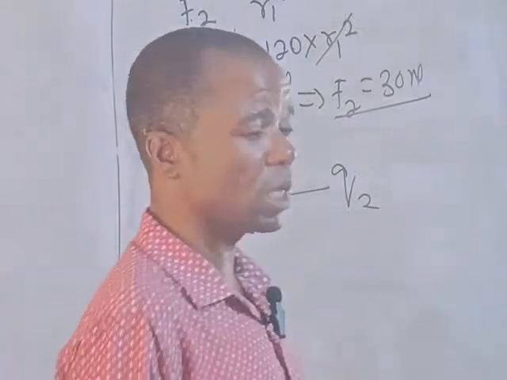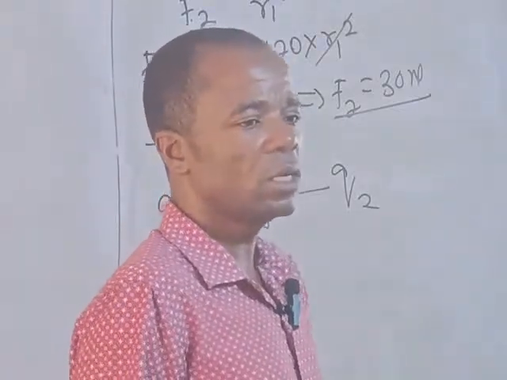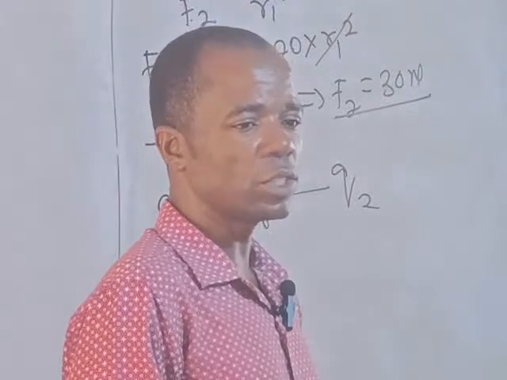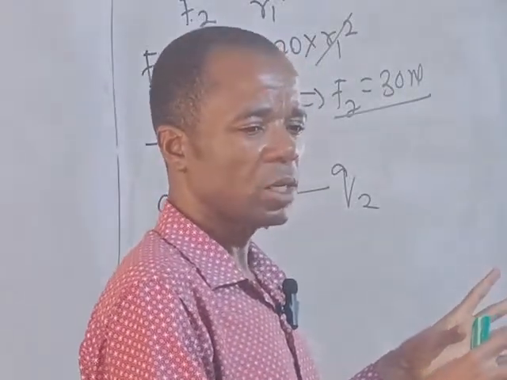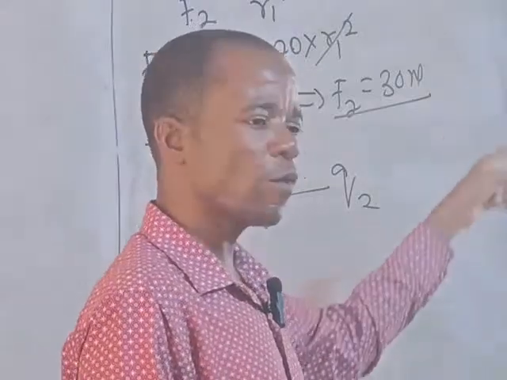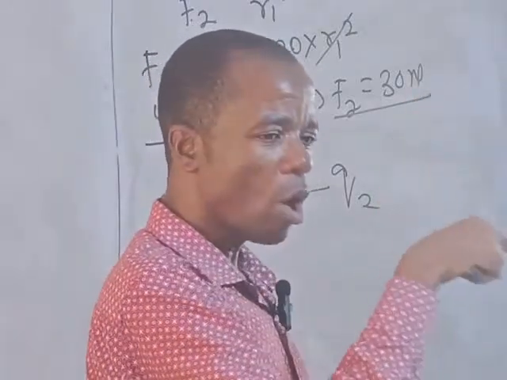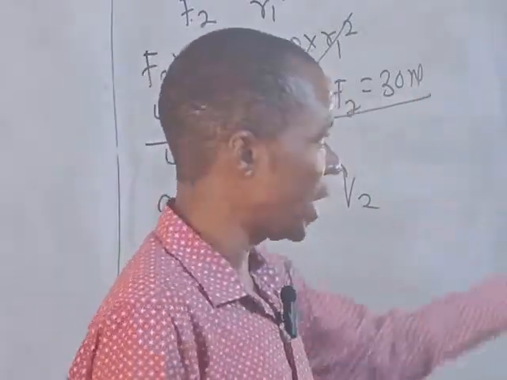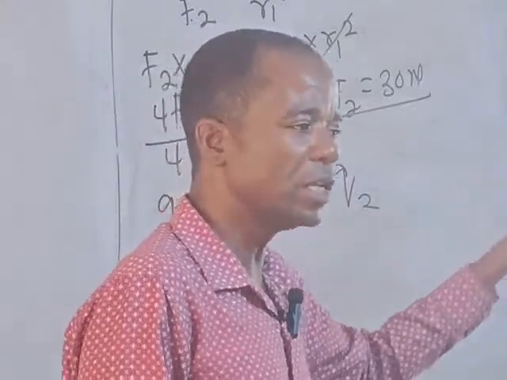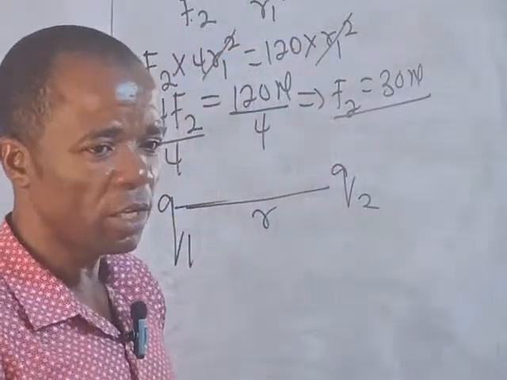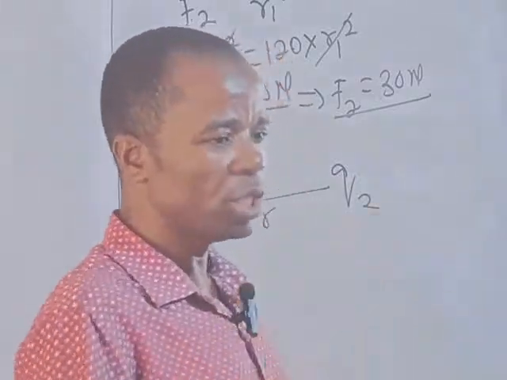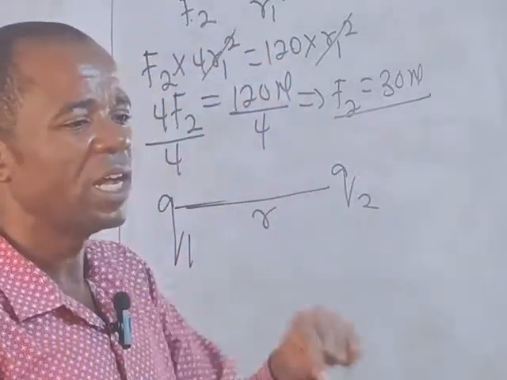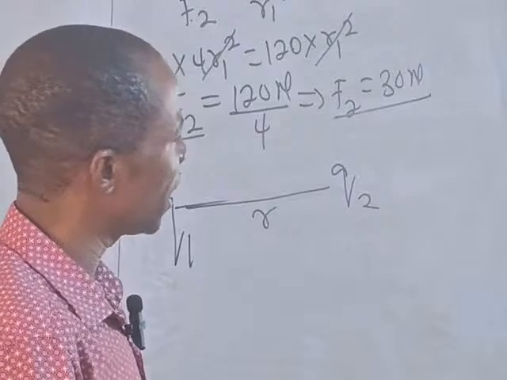If the original force, for example, is 180 Newton, and you triple the distance between them, then the final force is 1 all over 9 multiplied by the original force, which is 180 Newton. Doubling the distance will reduce the force by a quarter. Tripling the distance will reduce the force by 1 all over 9.